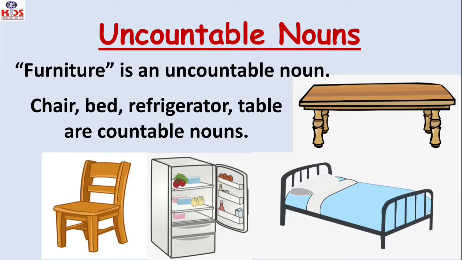So, within the category, you can count things, but the category itself is an uncountable noun. So, furniture is an uncountable noun and chair, table, refrigerator are the countable nouns.